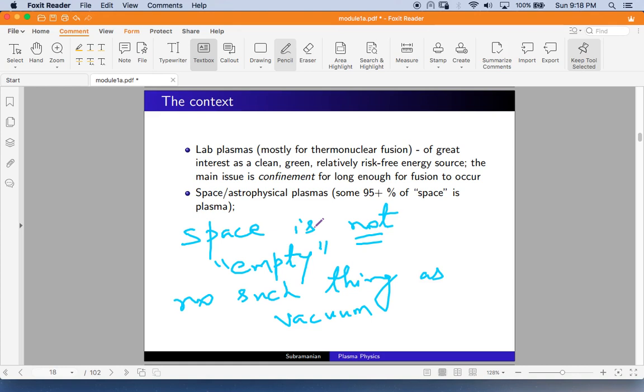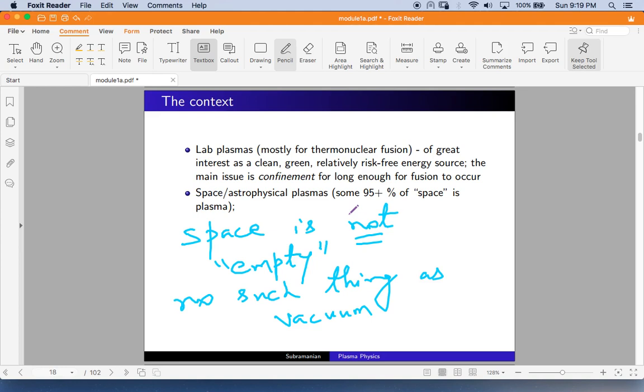The fact that this intervening medium between you and the object is not empty, that it's in fact comprised of plasma, makes a big difference to the propagation of these photons. The medium changes the characteristics of the photon. For instance, it affects its polarization.